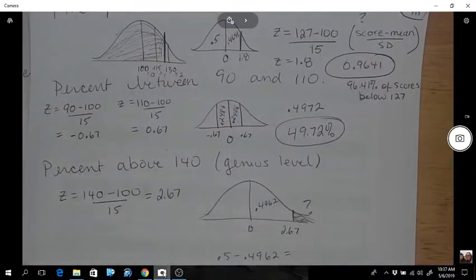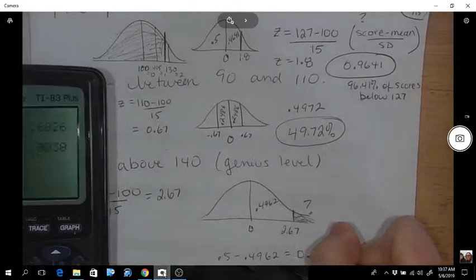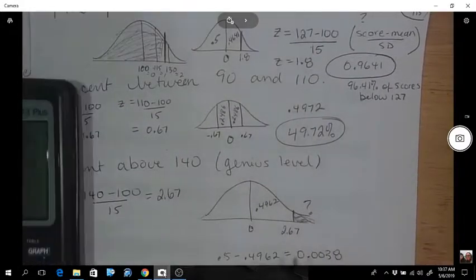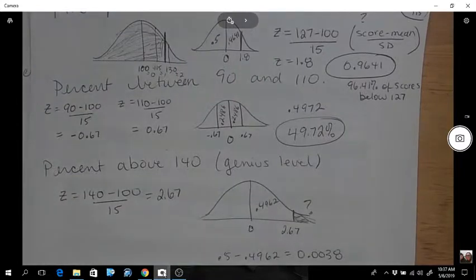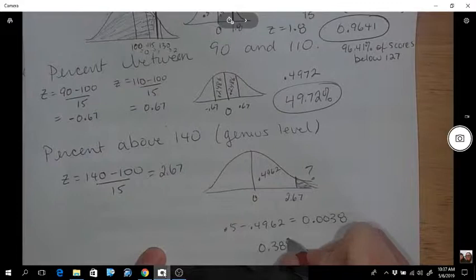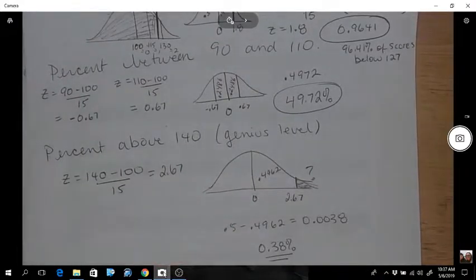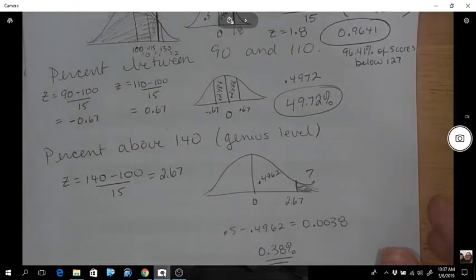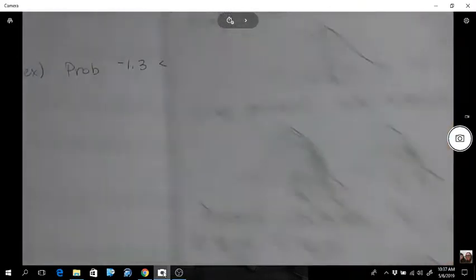Does that make sense? So that's a pretty low percent. If I move that decimal, only 0.38% of the people would score above you if you reach the genius level.